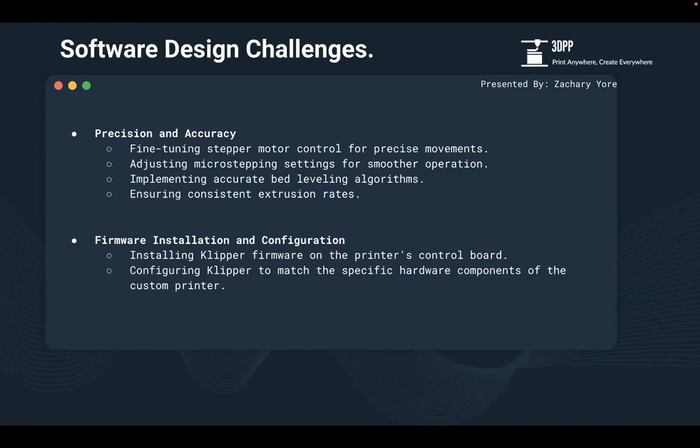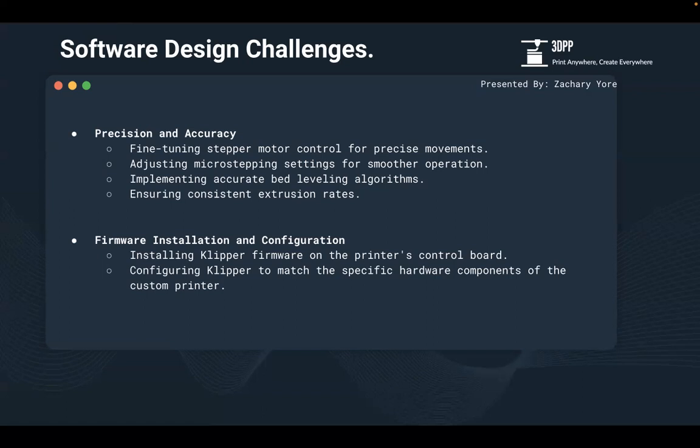And some of the software design challenges we faced. The two were primarily precision and accuracy, and firmware installation configuration. A little bit more on the precision: it took us a little bit to read through the Klipper documentation. There is a lot of it.